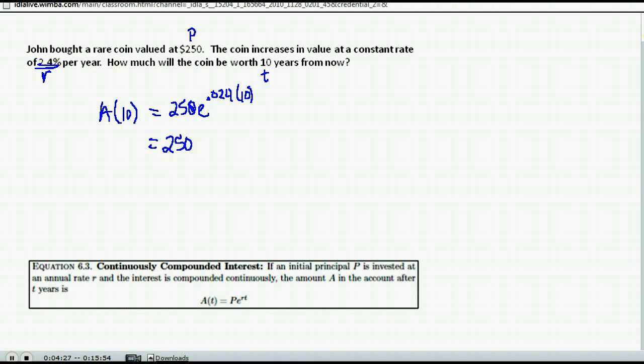So we have 250 e to the 0.24 when we do the multiplication there. Your next job is to do the exponential part. So we're going to do e to the 0.24. And again, this can easily be left in my calculator. For writing purposes, I'm going to round it, but I've left the number in my calculator so that I can just multiply it by 250.